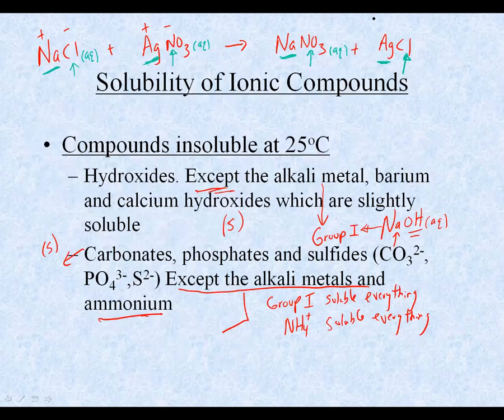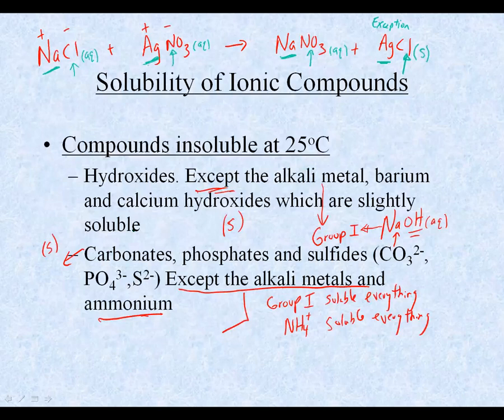So this is going to be an exception to the normal solubility rules. Instead of being soluble, it's going to become insoluble, and it will get a solid symbol here. We will make this white solid when you mix those 2 solutions together, and that will be the silver chloride. Any questions on how to use the solubility table to figure that out?